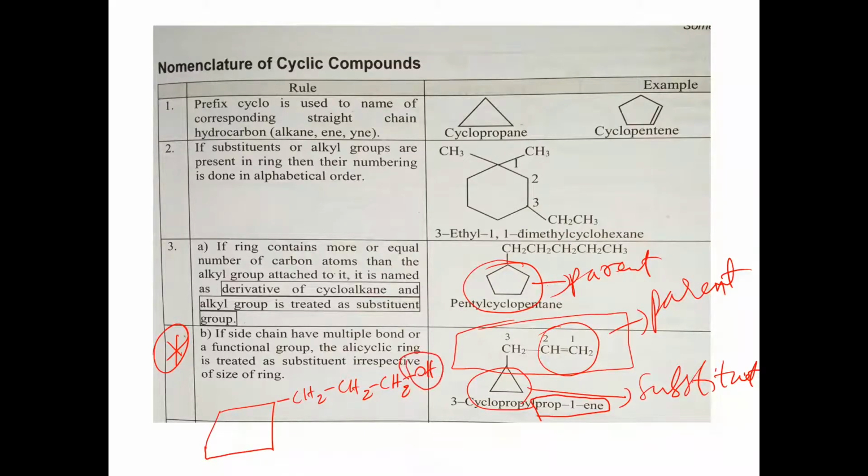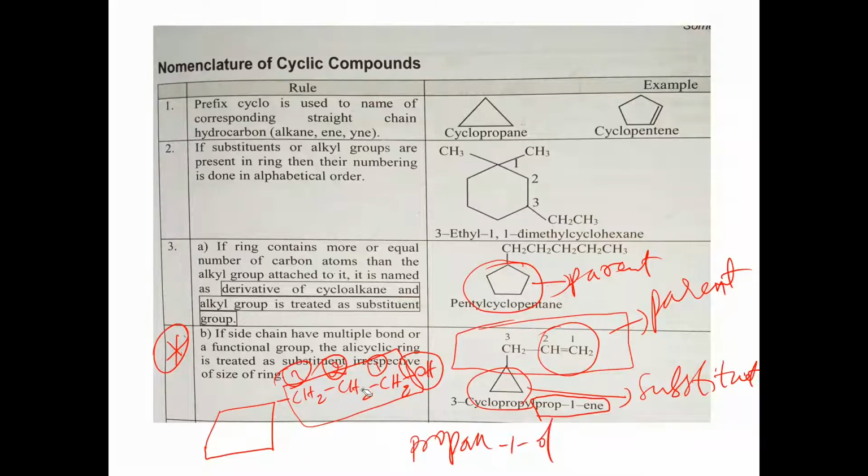If a functional group is present in the side chain, it is the parent compound. Numbering should be given from this carbon: first, second, third carbon. The first carbon has an OH group, so it is propan-1-ol.